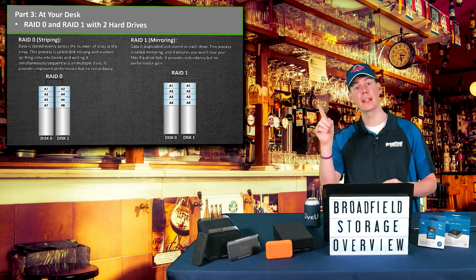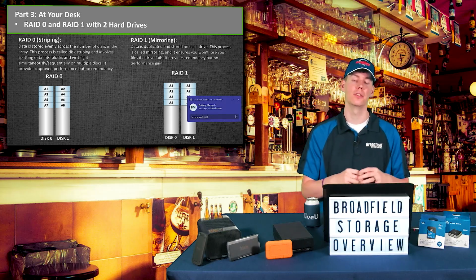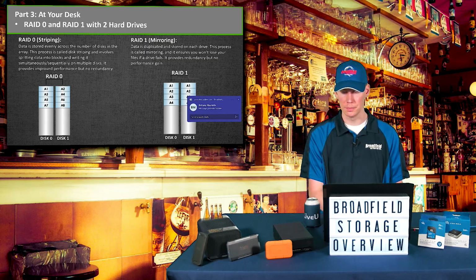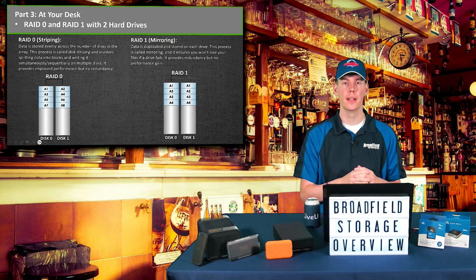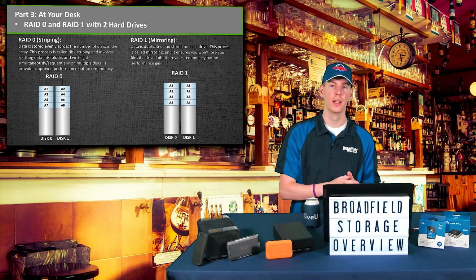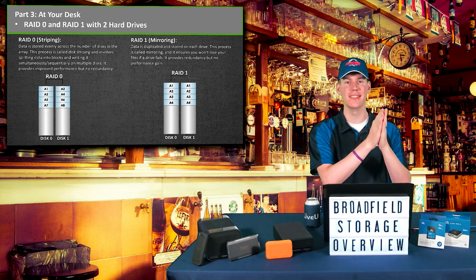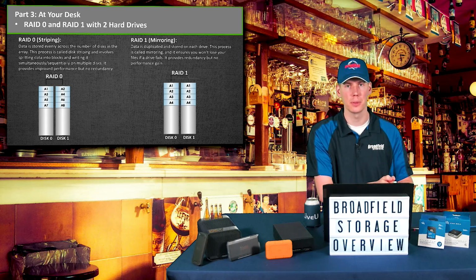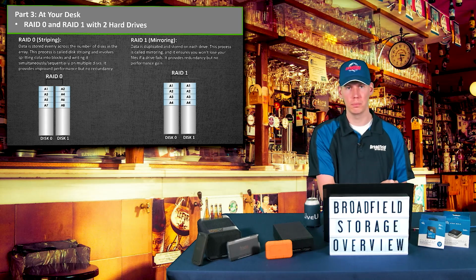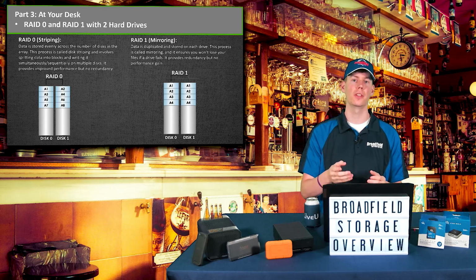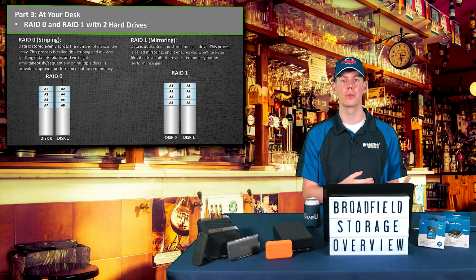Now, on the complete opposite end of the spectrum is putting a 2-bay RAID into RAID 1. RAID 1, also known as mirroring, is when you put an exact copy of all of the information on disk 1 onto disk 2. So this is not going to increase your read or write speed.